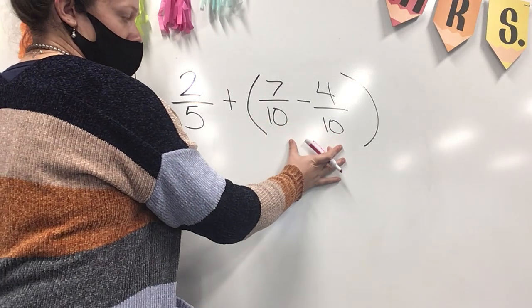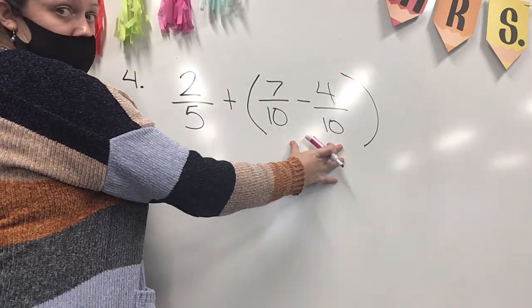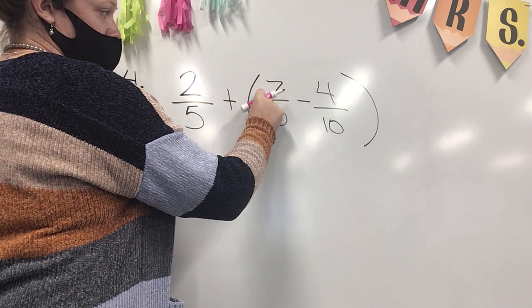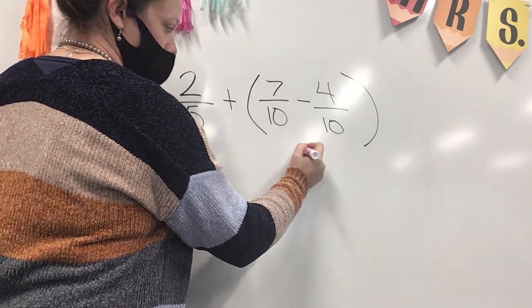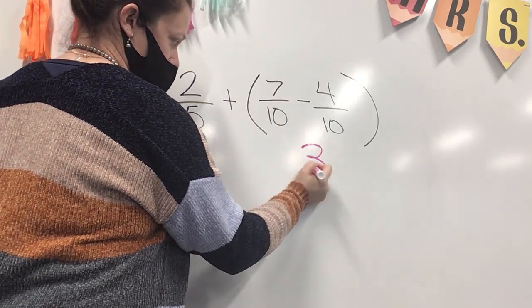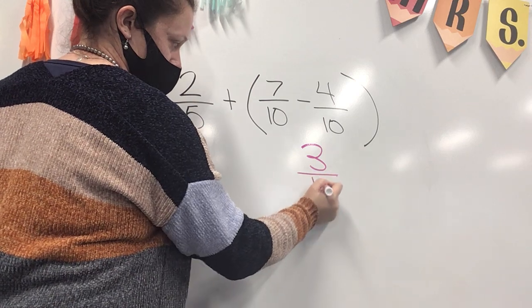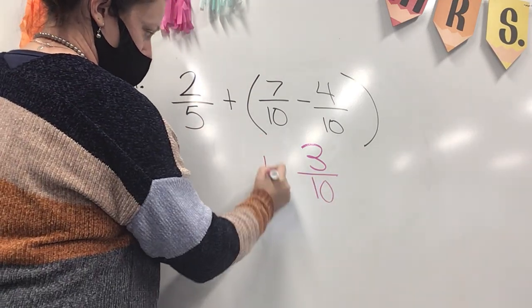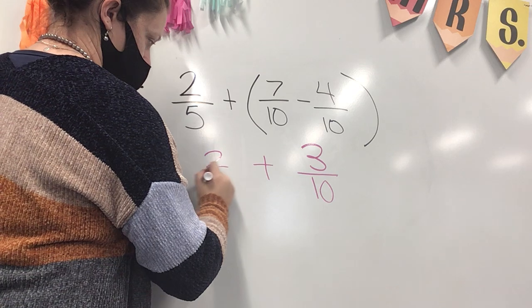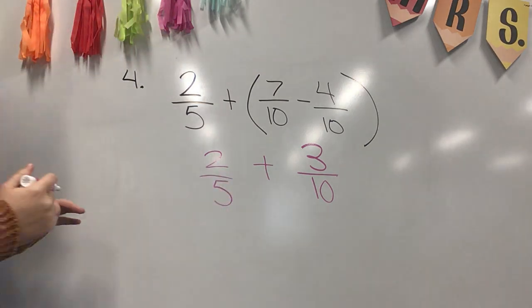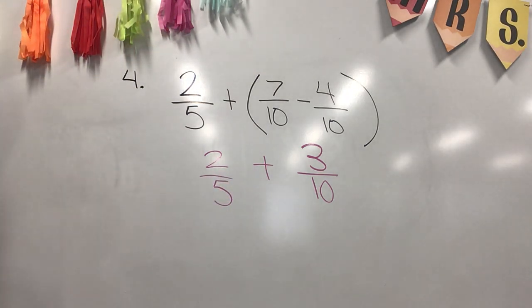My denominators are already the same, so do I need to change anything? No. I can now just do, what's 7 minus 4? And my denominator stays the same. Let's bring down the rest of my problem. All right, are my denominators the same now?